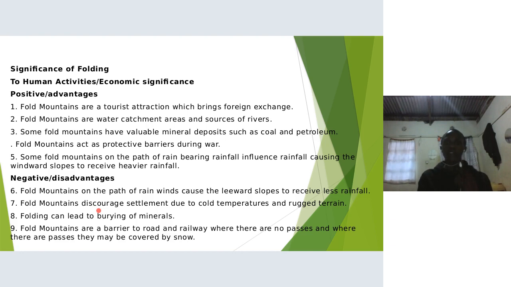It is obvious no one lives at the top of the mountain because of the terrain, and also on the mountain we experience cold temperatures which make man uncomfortable, hence not living at that place.